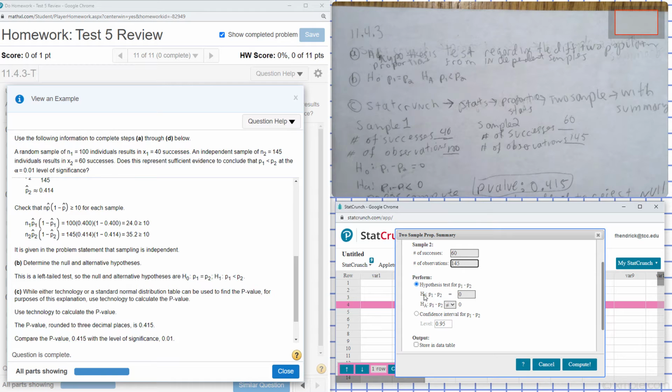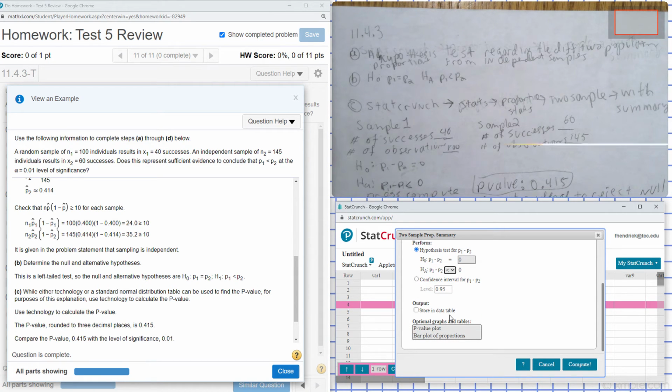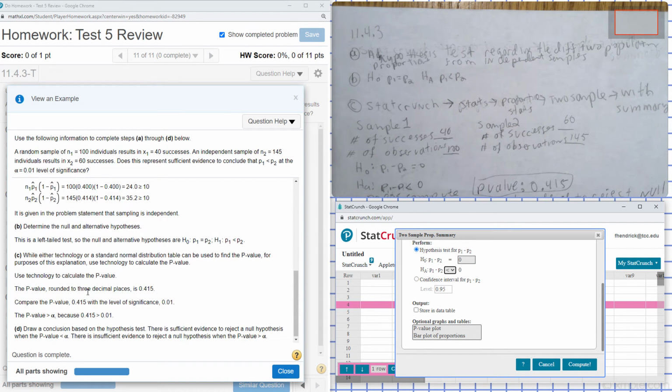For the hypothesis test, that is less than. Okay, or you could do 0 there. I should be able to hit compute.